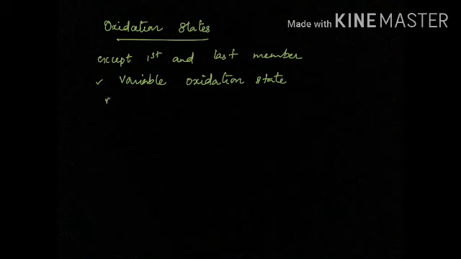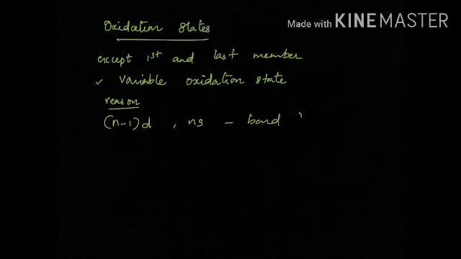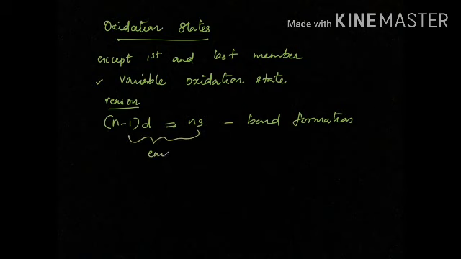What is the reason for that? The reason for the variable oxidation state is that both the electrons of the (n-1)d subshell and the ns orbital can take part in the bond formation. Both the orbitals have somewhat the same energy.